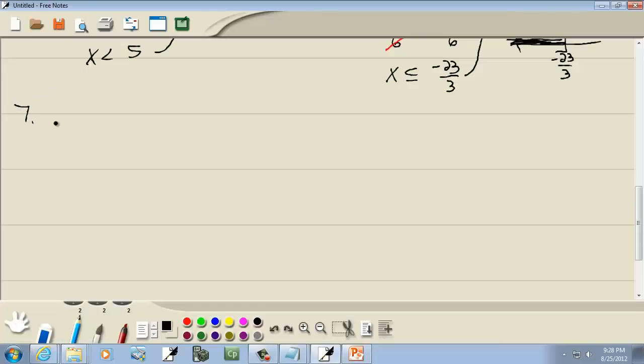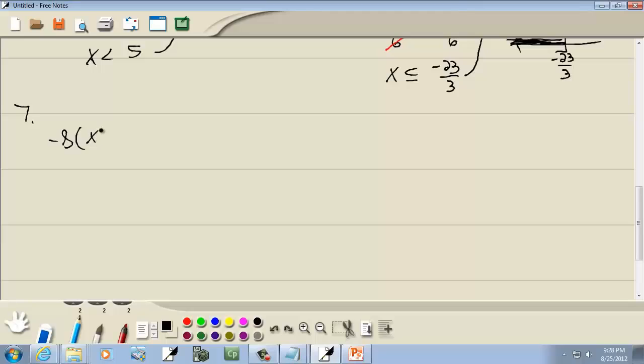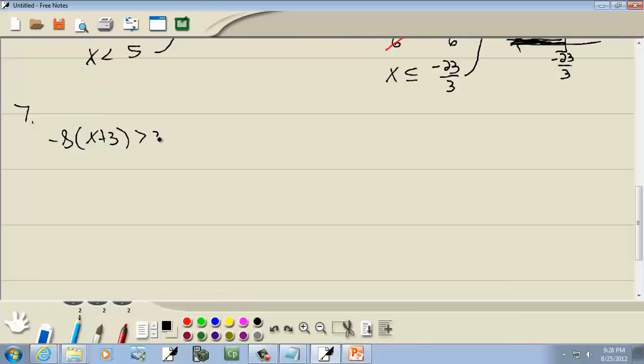Let's take a look at the next example. So we got negative 8 times x plus 3 is greater than 3x plus 20. Okay, first step, get rid of parentheses. Well, I'm going to take this negative 8 and multiply it times the x and times the 3.